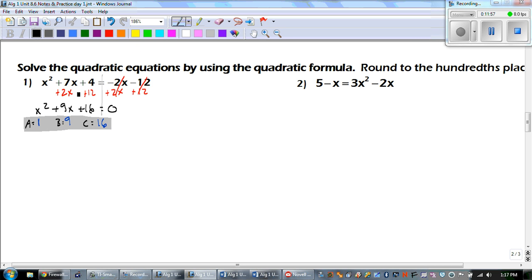So x equals the opposite of b plus or minus the square root of b squared minus 4ac, all divided by 2a. Excuse me. Okay, and then I'm going to start plugging everything in.